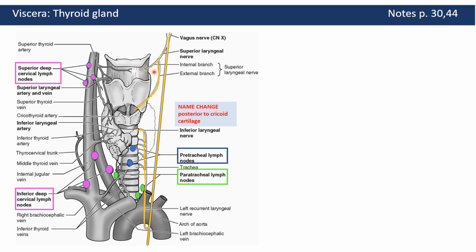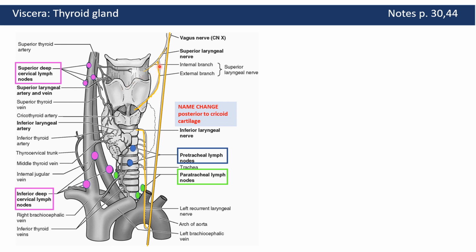The internal laryngeal branch of the superior laryngeal nerve pierces the thyrohyoid membrane to provide sensory innervation in the larynx above the vocal folds, or the vocal cords, which are located deep to this thyroid cartilage.